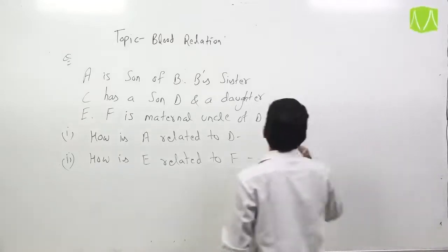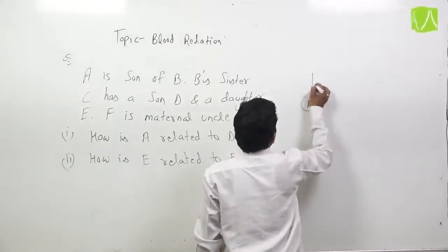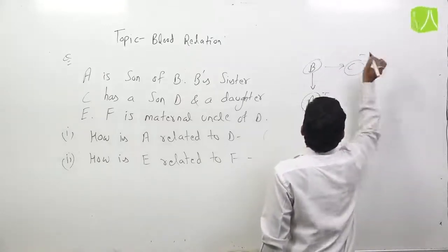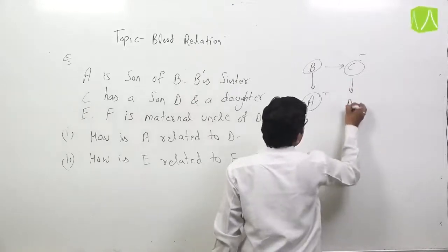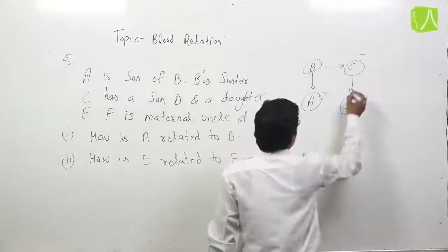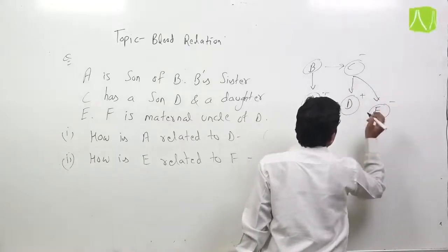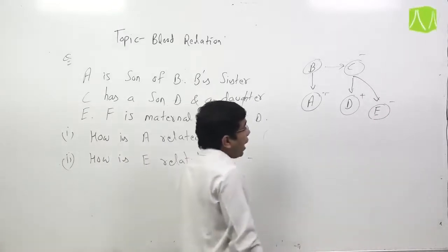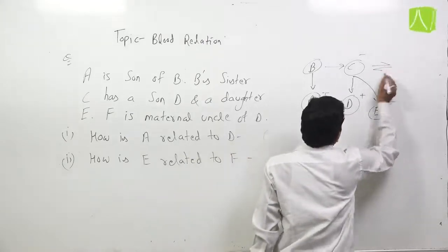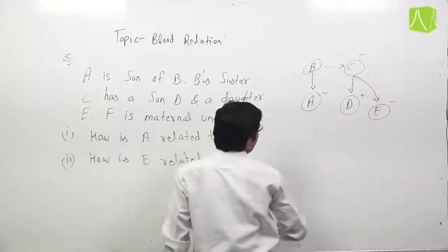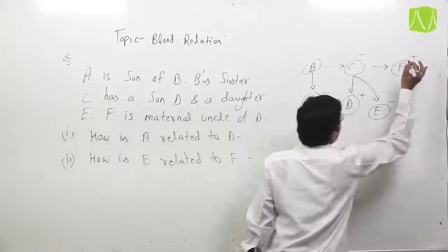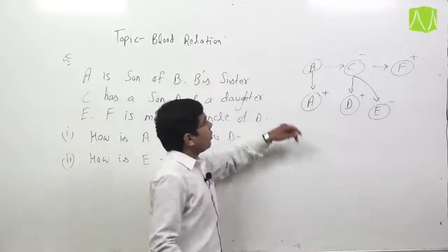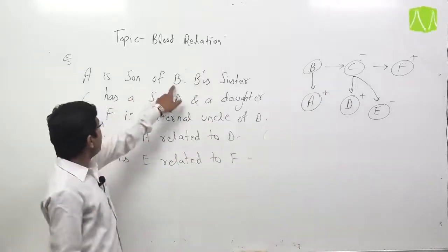A is son of B's sister C. C has a son D and a daughter E. Next information, F is maternal uncle of D, which means F is brother of C. Now condition is given, B's sister has a son.